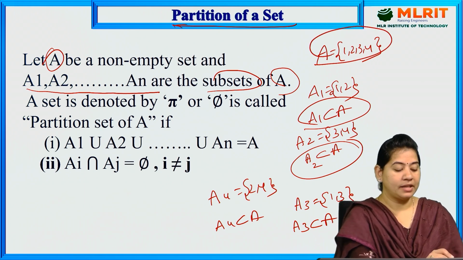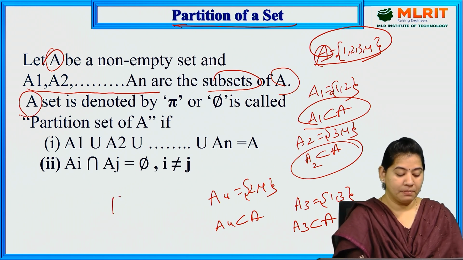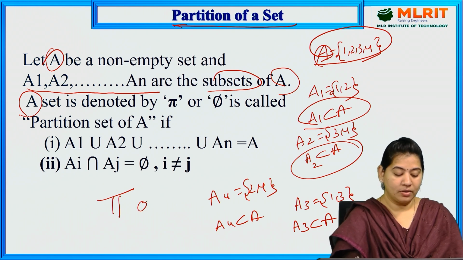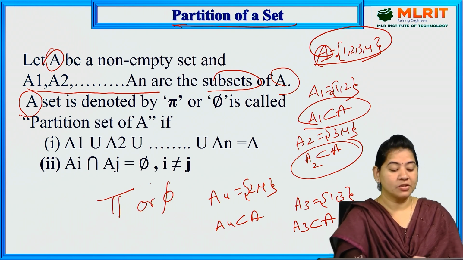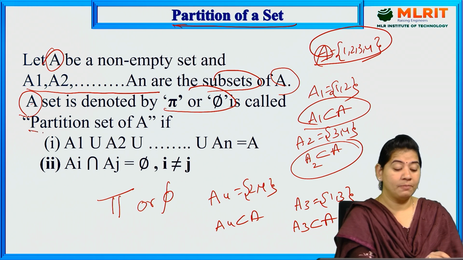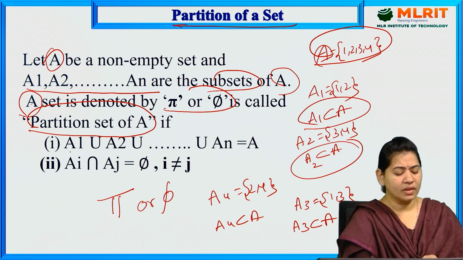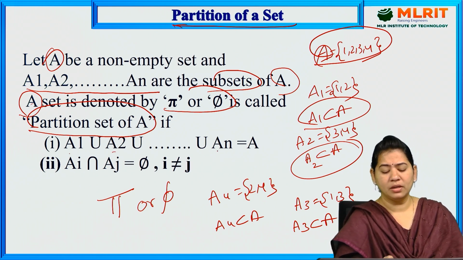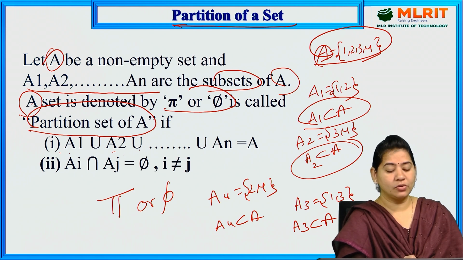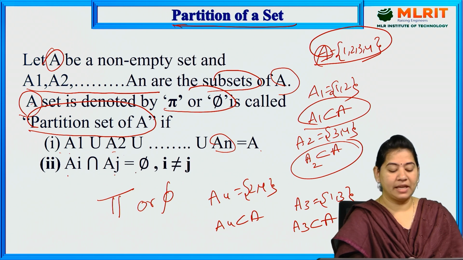Now, what they are saying is that this set is denoted by pi, or we can also write phi, which symbolically represents the partition set. This is called a partition set of A if it satisfies the below two conditions. Those two conditions are A1 union A2 and so on up to An is equal to A, and Ai intersection Aj is equal to phi.